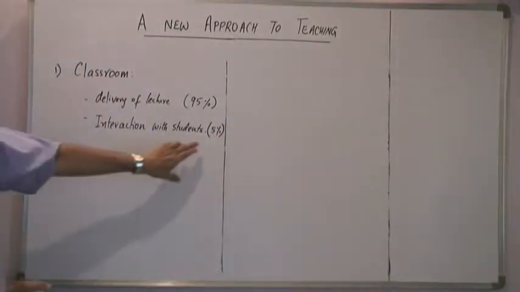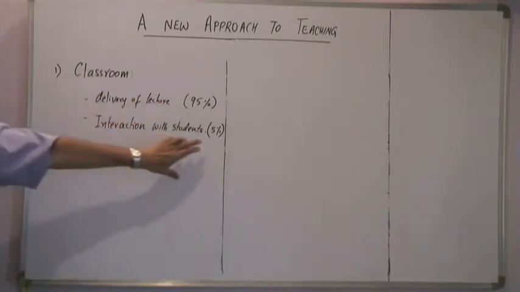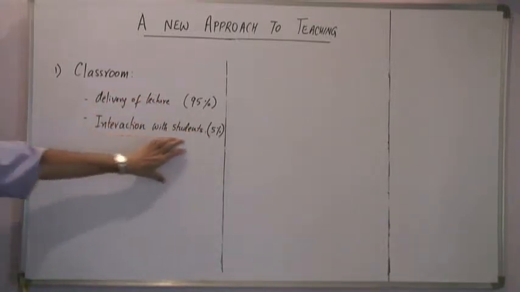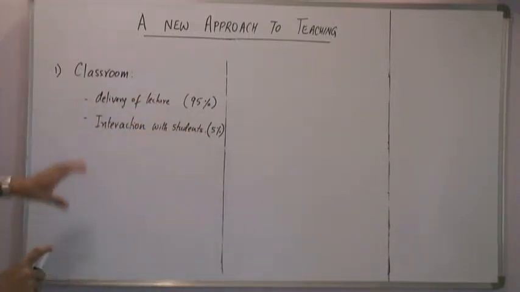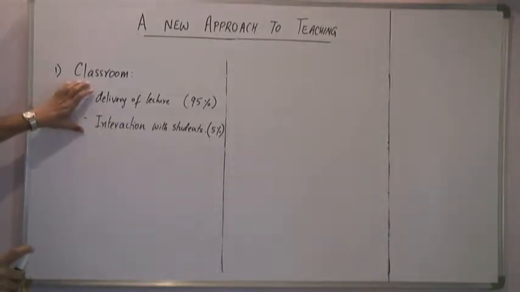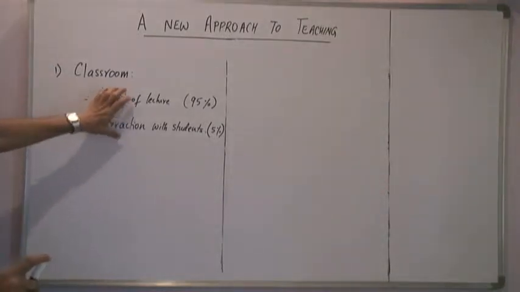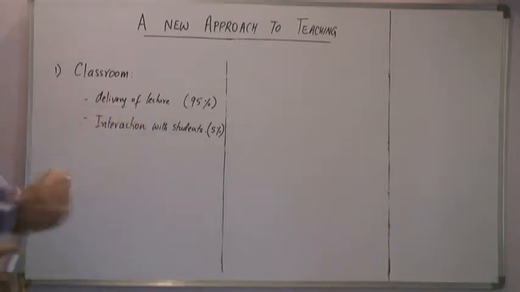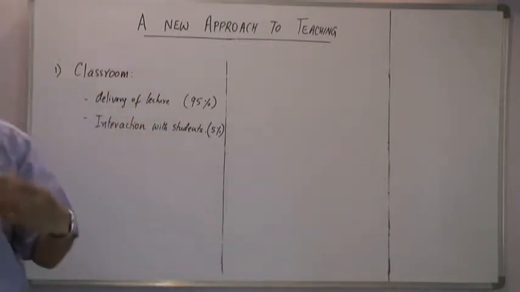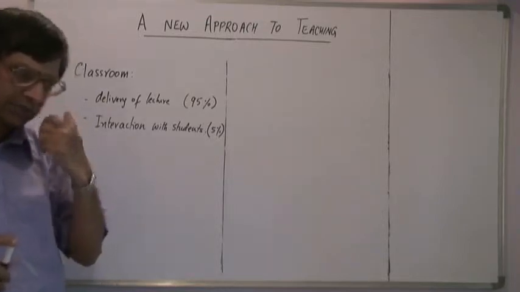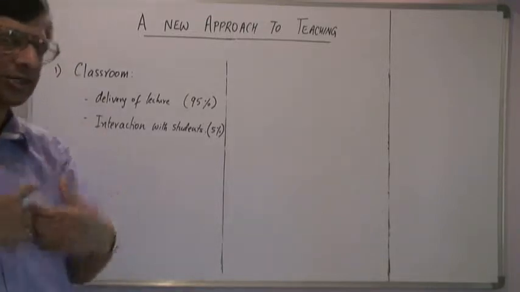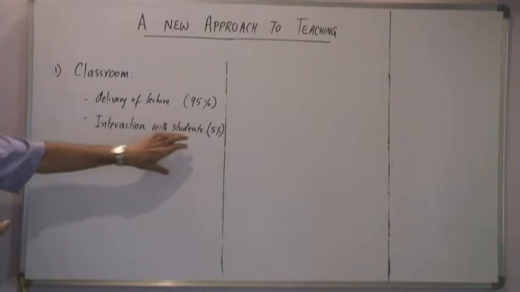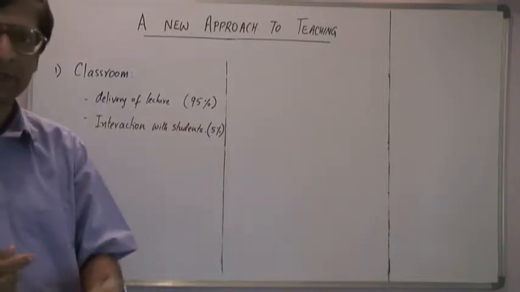So 5% of the classroom time is spent on interaction with students. So this is how the classroom hour is broken up. 95% of the time is spent on delivery of the lecture, which is basically a one-way communication. The teacher is delivering the lecture and the students are just listening. And the other 5% goes to interaction with students.